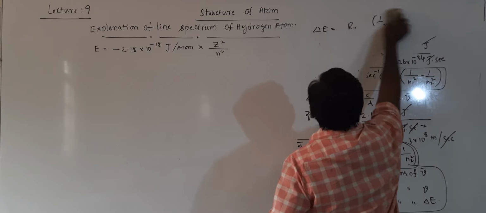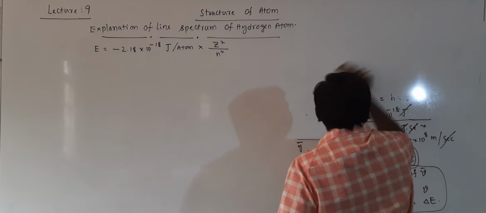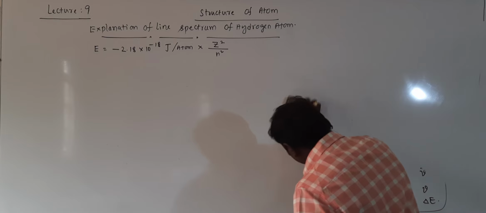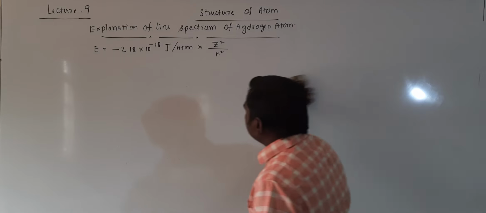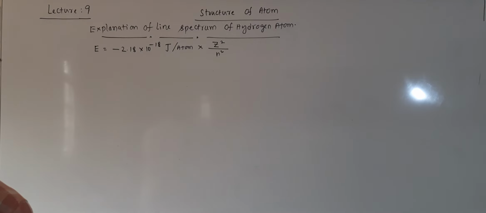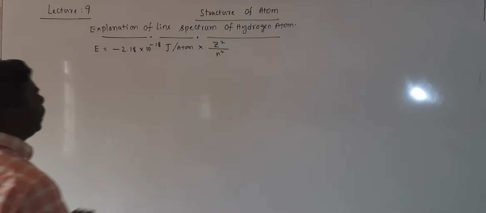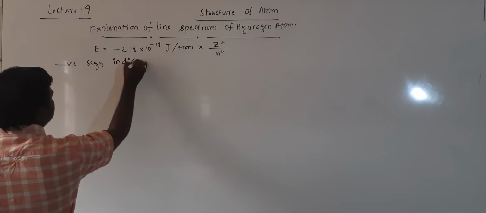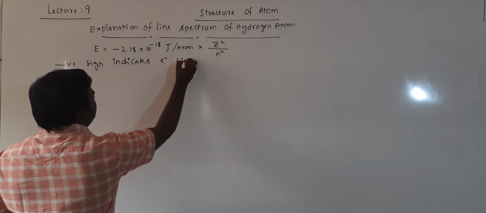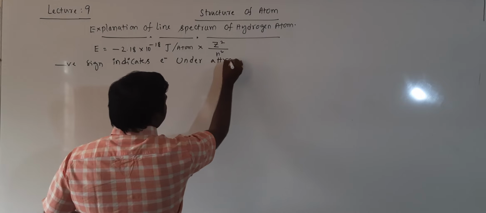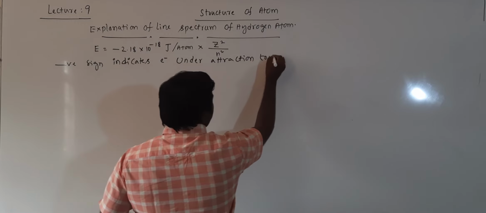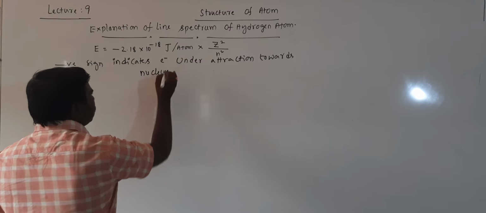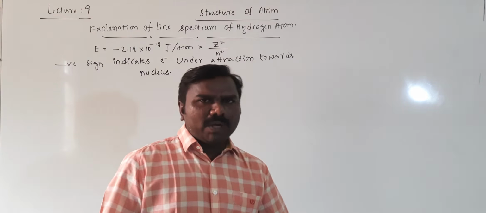Negative sign indicates the electron is under attraction towards the nucleus. So this sentence can be explained by taking one example.